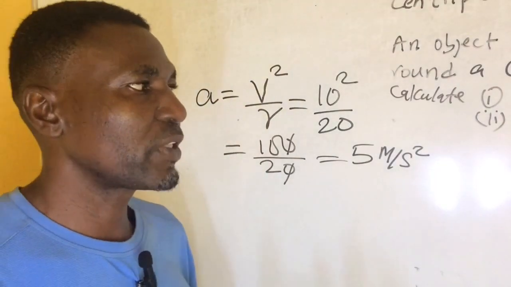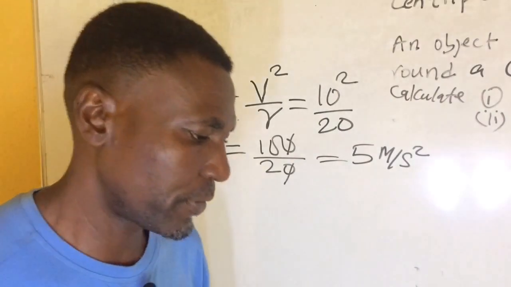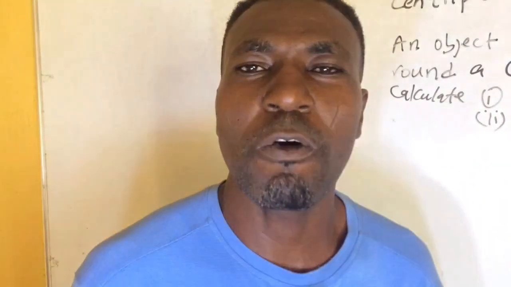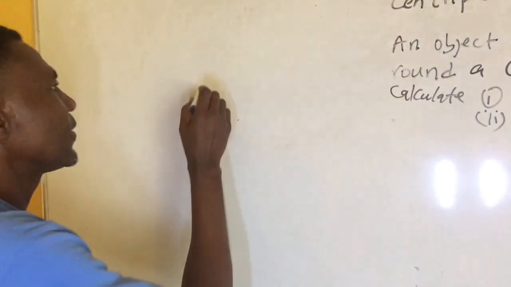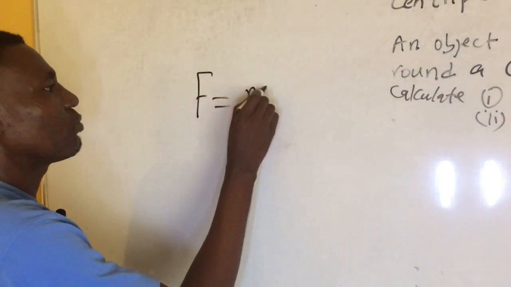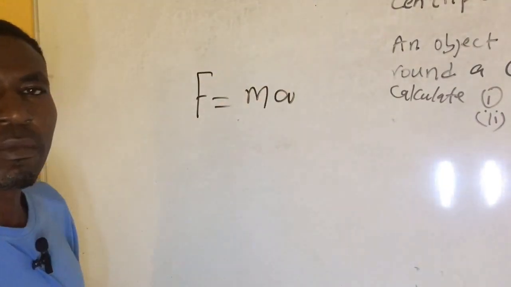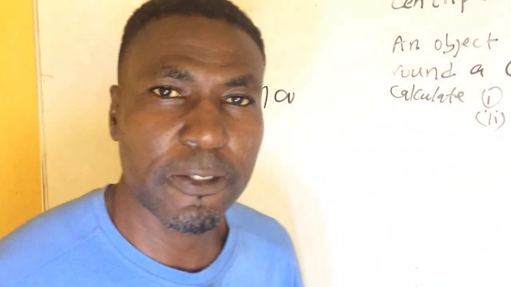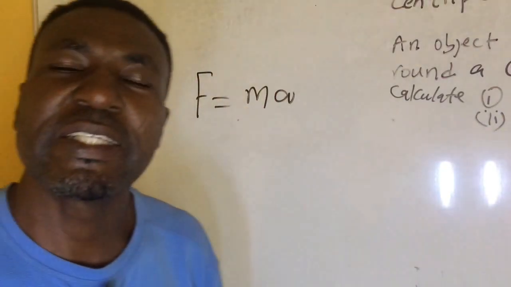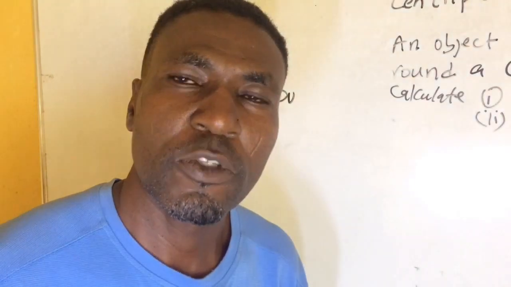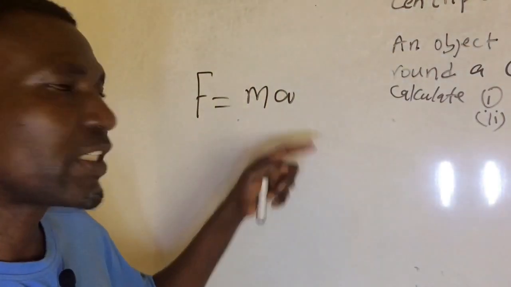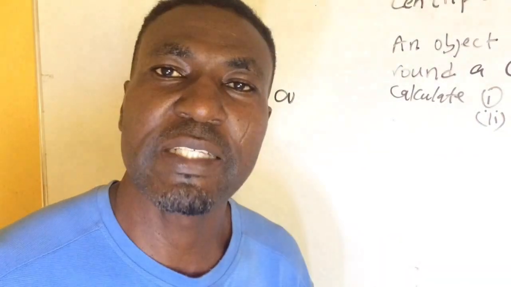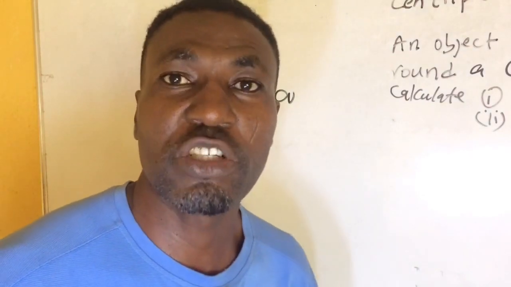Now let us calculate the centripetal force. The formula of force is F equals ma. m represents the mass of the object, while a represents acceleration. It may be acceleration due to gravity or any acceleration they are referring to.